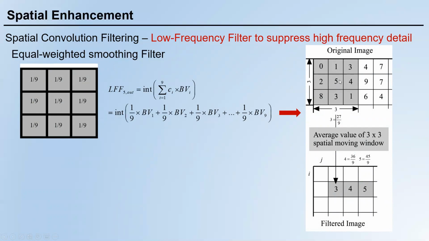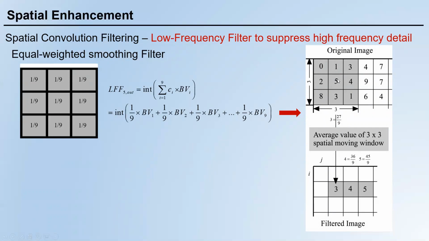If you add all those pixel values up, it should be 27, and divide that by 9, which is 3. So 3 will be the new value for the central pixel. Which is the central pixel? This is the central pixel. It used to have a value of 5, but after the filtering, it is 3.